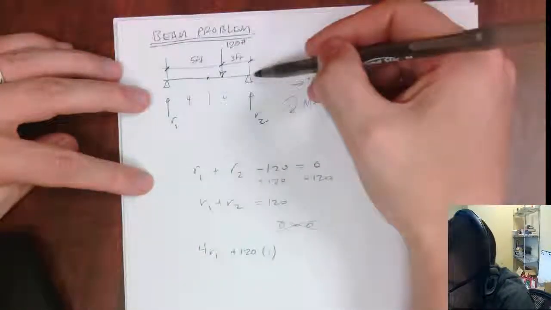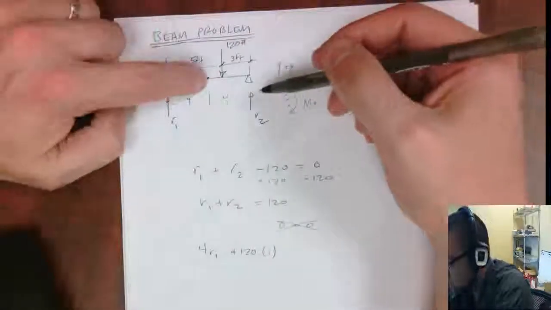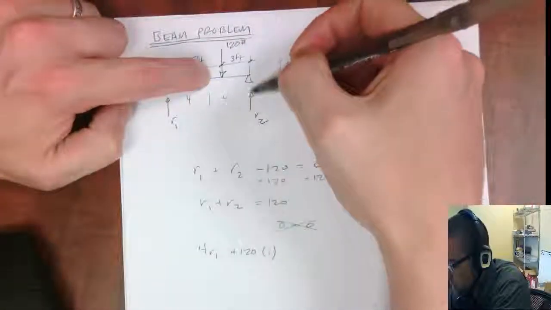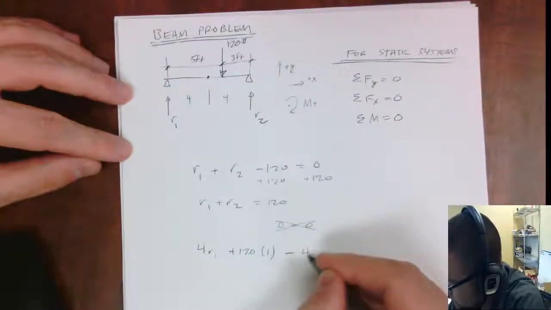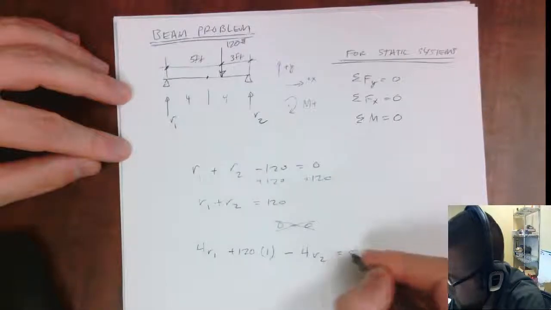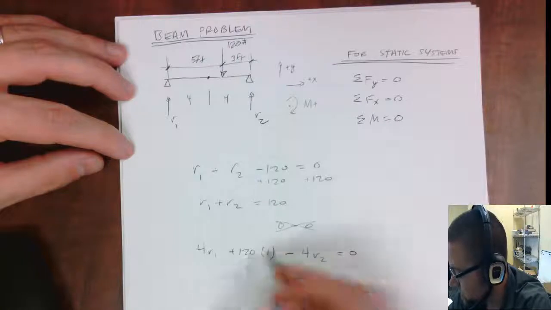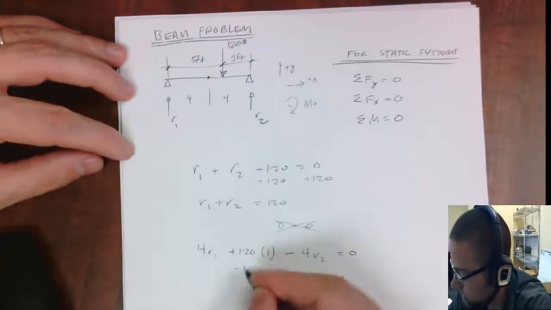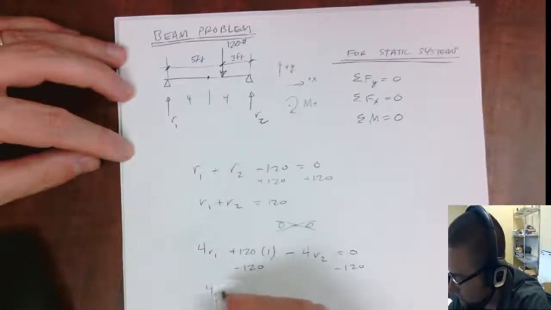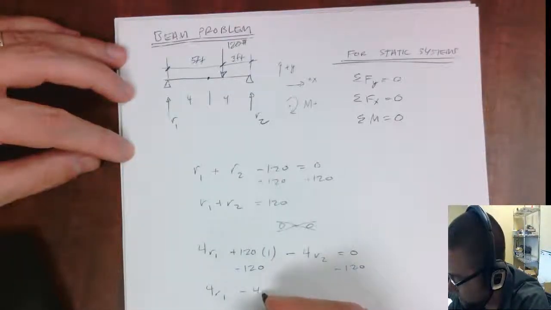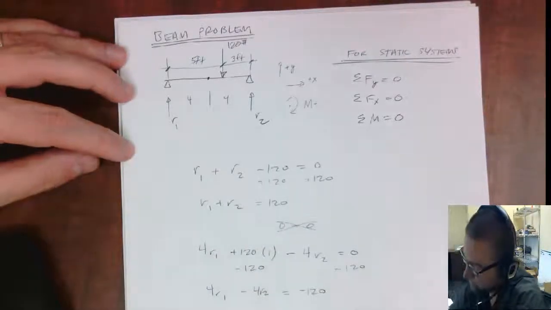And then R2 is spinning it in the opposite direction, so minus 4 feet times R2 equals 0. Then I'll rearrange the equation. 1 times 120 is just 120, and then I'll subtract 120 from both sides. So I get 4R1 minus 4R2 equals negative 120.